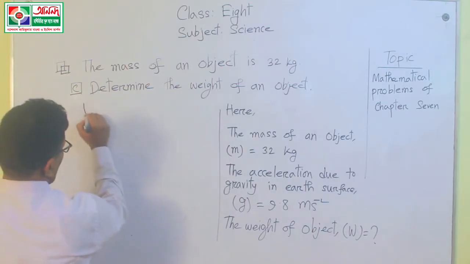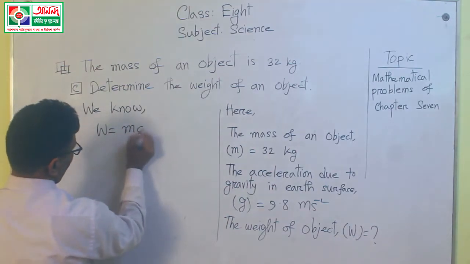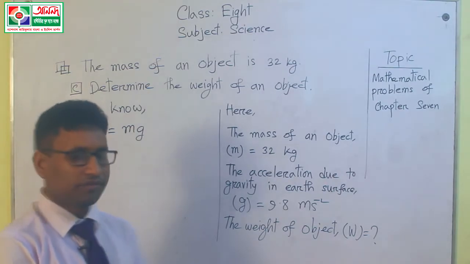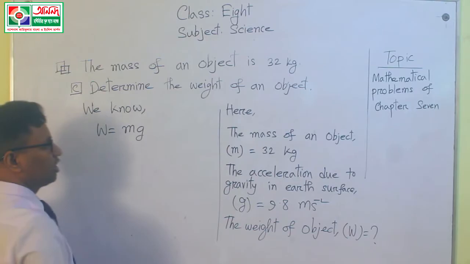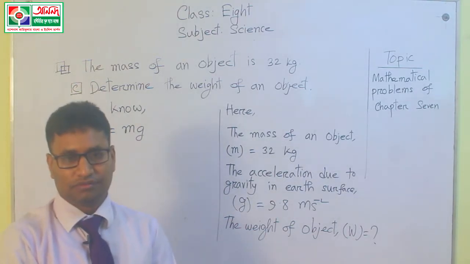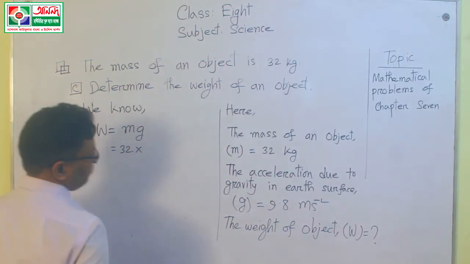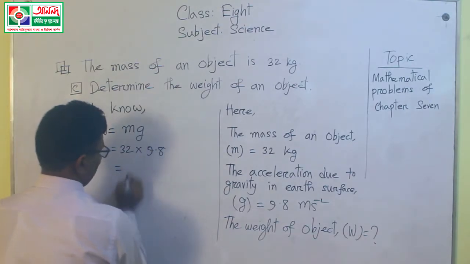We know W equal m into small letter g. Here m and small letter g are multiplied with each other. So m is 32 into small letter g, 9.8.